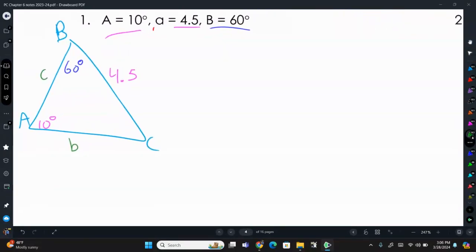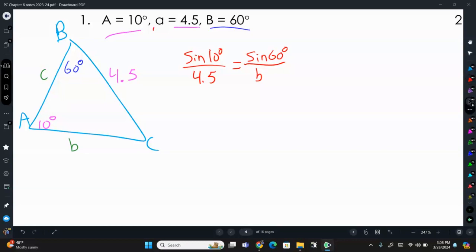I'm going to find side B first. So I'm going to use the law of sines. The sine of 10 degrees over side A, which is 4.5, is equal to the sine of 60 degrees over B. We don't know what B is, so we're going to leave that variable there.